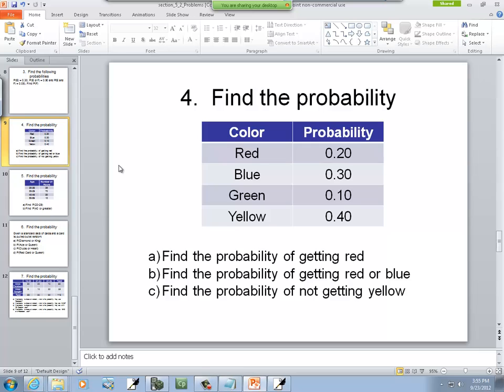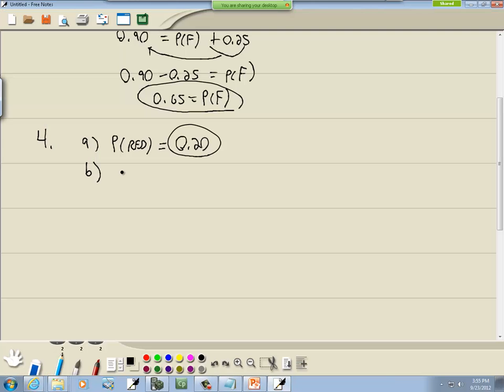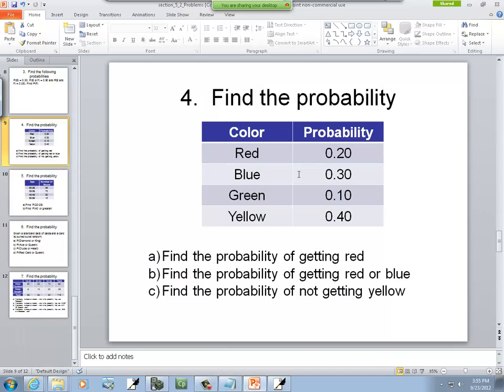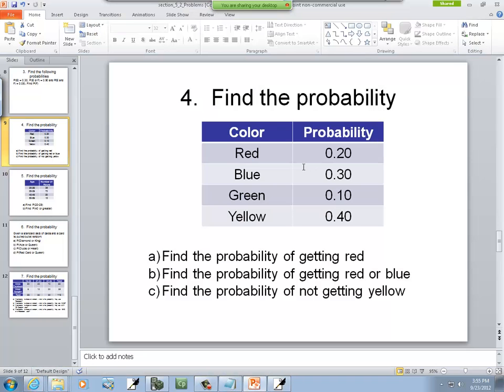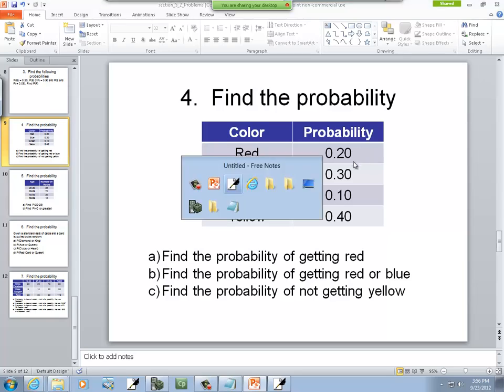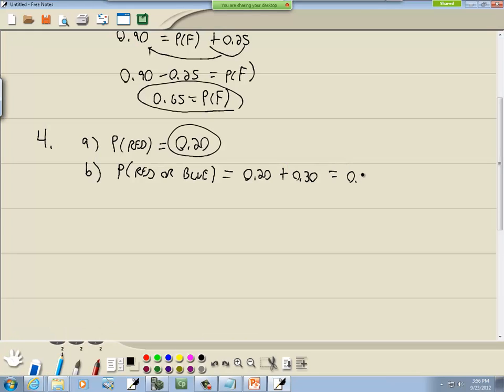Now B says find the probability of getting red or blue. With the or, we add them together. So we've got 0.20 plus 0.30. Now, there's no way that it can be red and blue at the same time. These are two separate items on our table. So we just add them together, and we get 0.50.